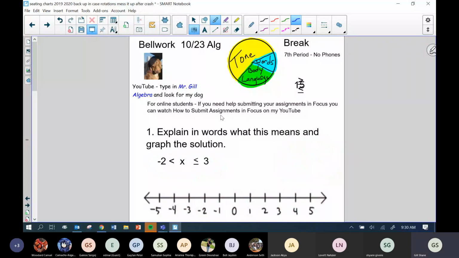So in this particular problem, like I said, this is the biggest, most difficult part of the whole lesson, is just understanding how to say these different inequalities or statements, what we need to create. So some of you said -2 is less than x and 3. That's reading it from left to right, which is the way, and this is why I do it, because a lot of times that's the tendency to read it.